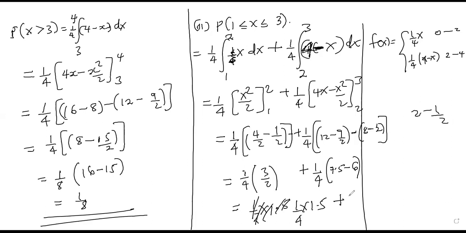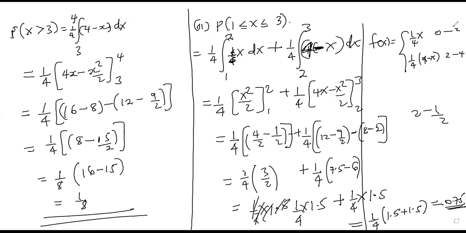Plus a quarter times 1.5. So this is a quarter into 1.5 plus 1.5, which is a quarter into 3, which is 3 quarters, which is 0.75.